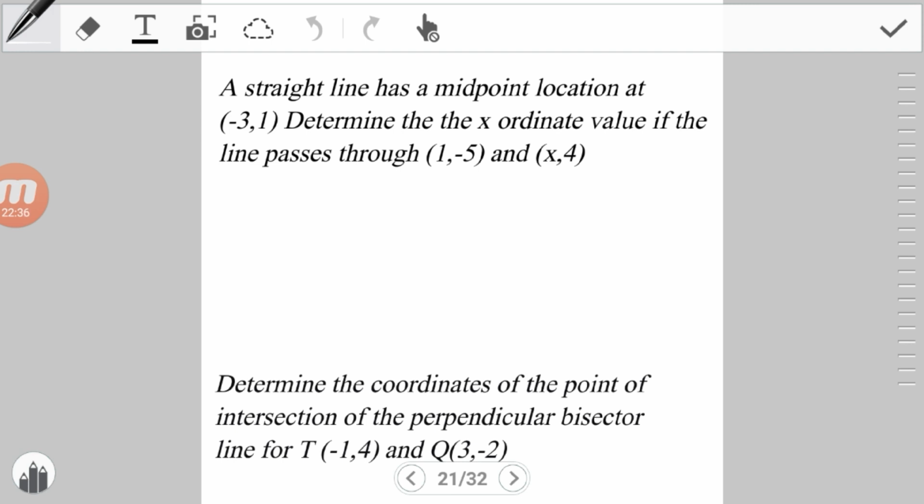Now in part 1 we had done examples like these where traditionally you're just simply asked to find the midpoint or the length of the line, or you're asked to find perhaps the x-ordinate or y-ordinate value given the midpoint. So we're going to be doing the same thing here. We're given the midpoint location and we have to rearrange the formula to find an ordinate value.